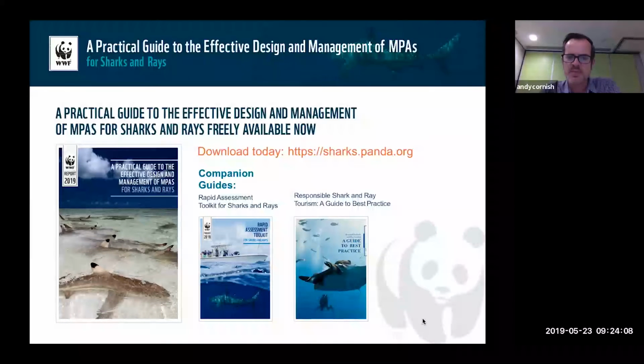So strictly speaking, in terms of making sure it's effective, you just need to be very clear about what the objective actually is, and then ensure that you have monitoring to just see whether or not those objectives have been achieved. But as we'll see from the case studies, and it will be nothing new to you, we may well have objectives that are not related directly to the sharks and rays, but are more socio-economic in nature.